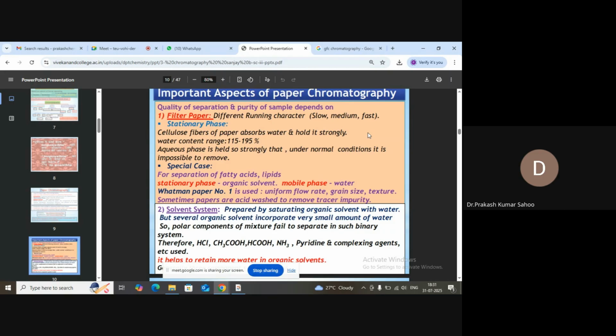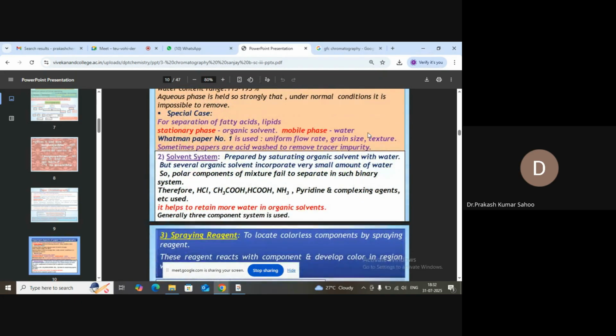And for your solvent system, that is the mobile phase, we have different solvents prepared with water. For several organic solvents, incorporate a very small amount of water. The polar components of the mixture fail to separate in such a binary system. For example, hydrochloric acid, acetic acid, formic acid, ammonia, pyridine, and complexing agents are used.